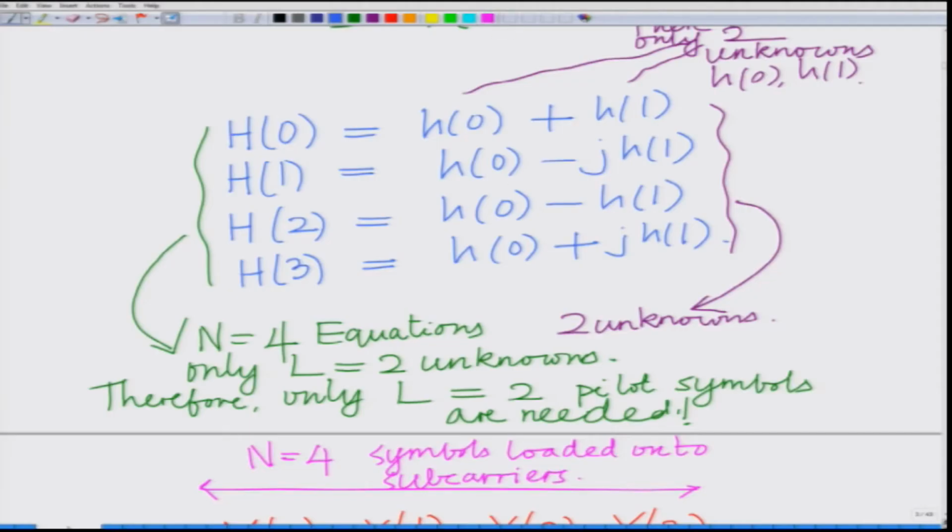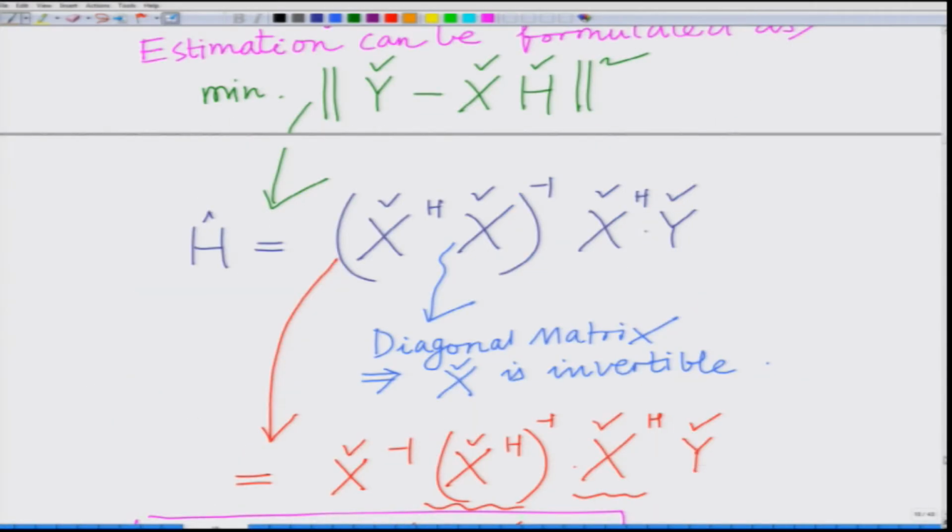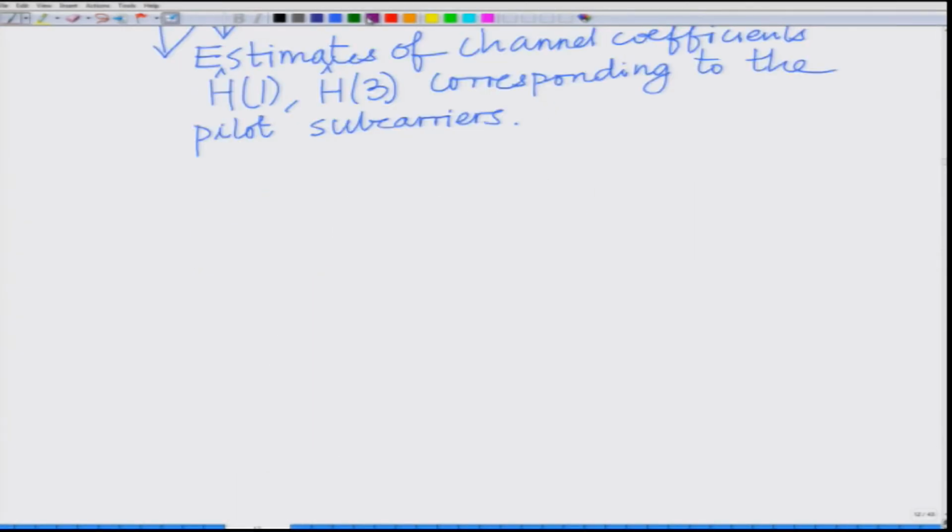If you go back and look at these channel coefficients in the previous module, the channel coefficients on the subcarriers can be expressed in terms of the channel taps. So, H1 can be expressed as H0 minus jH1, and H3 can be expressed as H0 plus jH1.